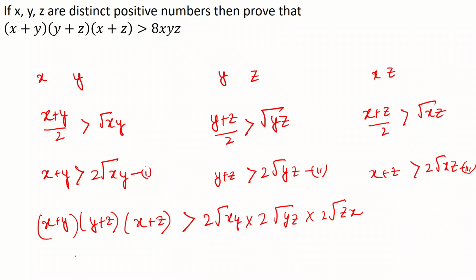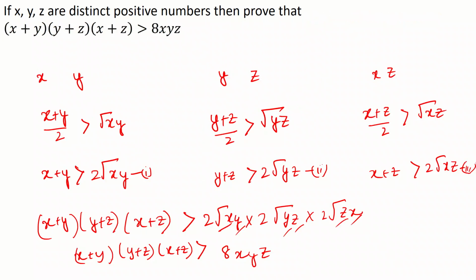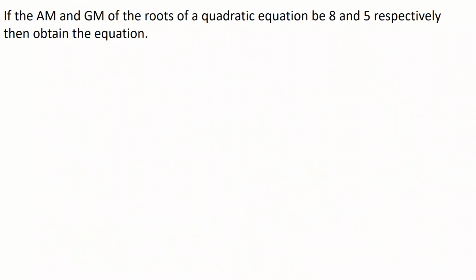Left hand side I copy as it is, greater than 8. Root x times root x gives me x, root y times root y gives me y, and root z times root z gives me z. And we are done. We have proved the result. That's it. Okay, next question.